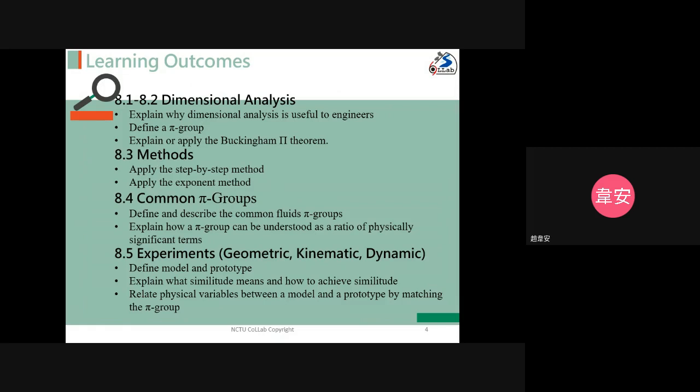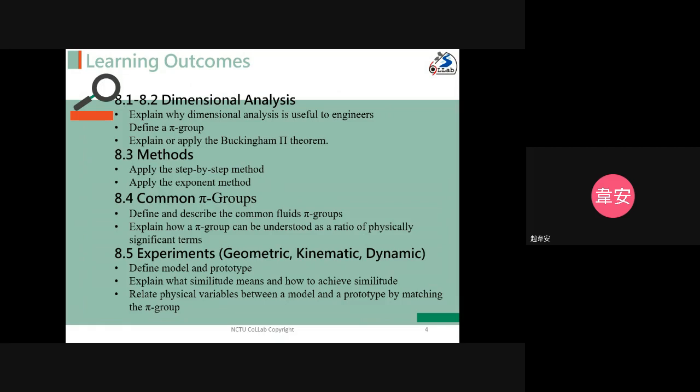Then there are two methods to do dimensional analysis. The first one is the step-by-step method. The second one is the exponent method. And what are the common pi groups? We will provide certain definitions of the pi groups and explain each pi group and relate it to its physical phenomena.